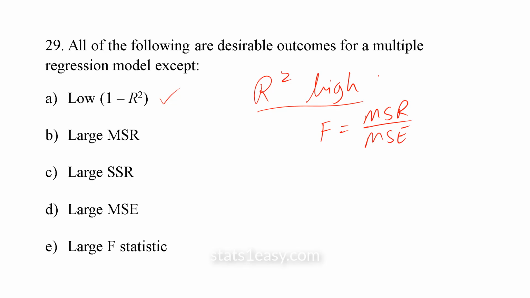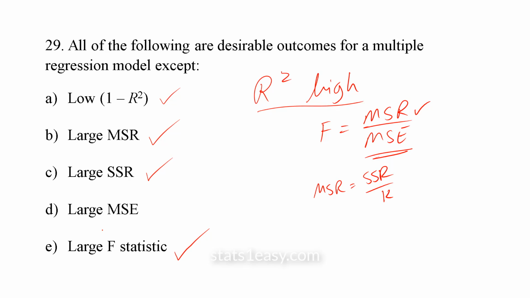So if F is large, MSR has to be larger compared with MSE. So large MSR is fine for a good model. A large F statistic obviously is fine. If large MSR is fine, then large SSR is also fine, because MSR is obtained from SSR.